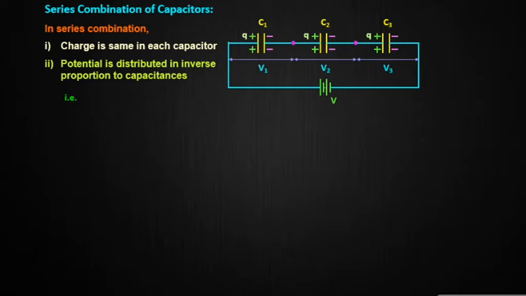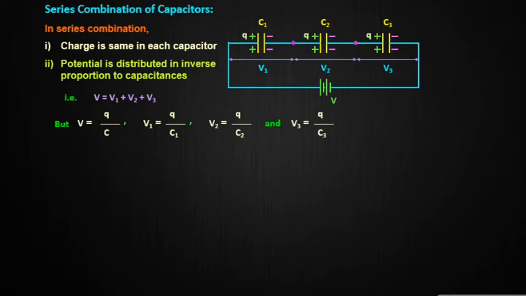By the law of conservation of energy or by the superposition principle, the total applied voltage V is equal to V1 plus V2 plus V3. From the definition of capacitance, we can write V is equal to Q by C, V1 is equal to Q by C1, V2 is equal to Q by C2 and V3 is equal to Q by C3.